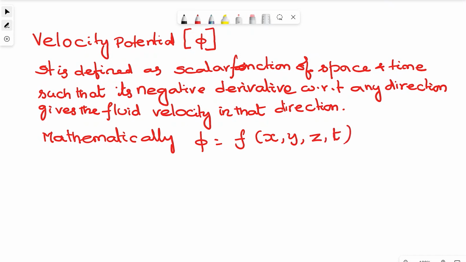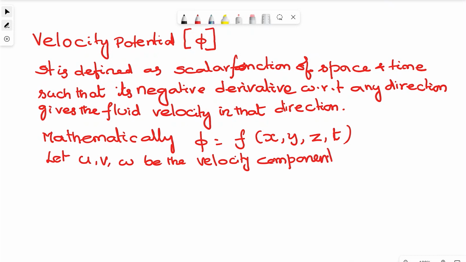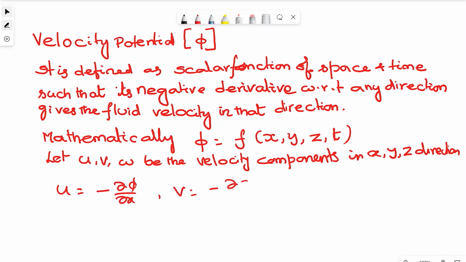Let u, v, w be the velocity components in x, y, z directions. Then, as per the definition, u is equal to minus dou phi by dou x, v is equal to minus dou phi by dou y, and w is equal to minus dou phi by dou z.